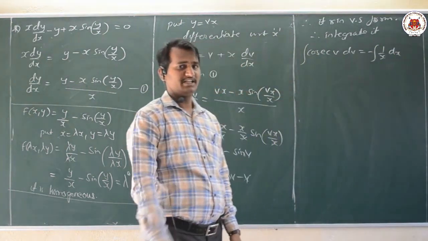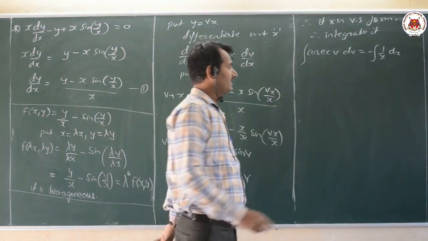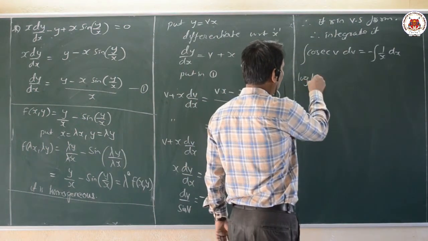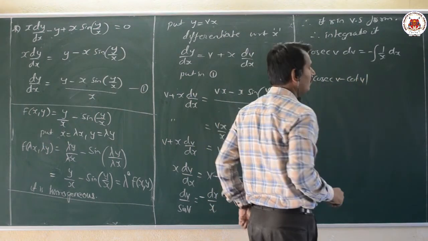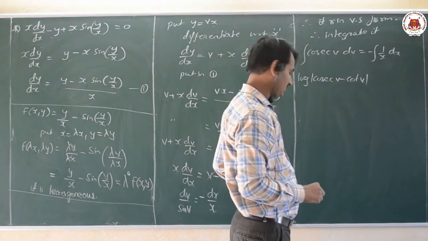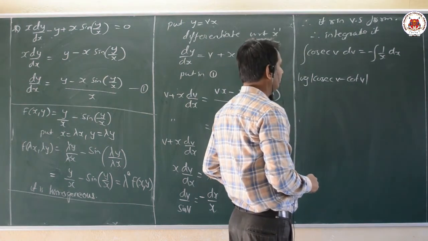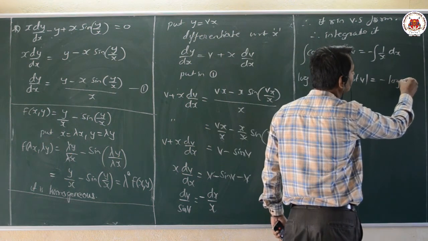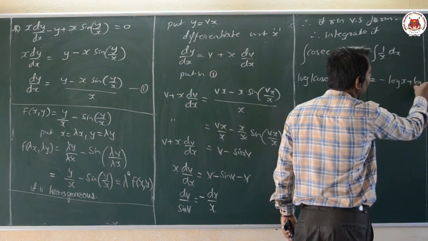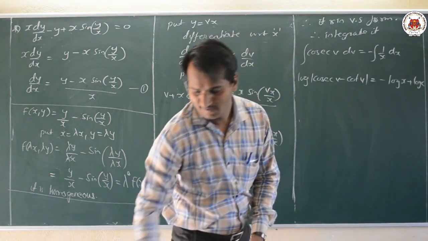Now easily we can integrate. The integration of cosecant v is log of cosecant v minus cot v, according to the integration formula, which is equal to minus log x plus the integral constant log c.